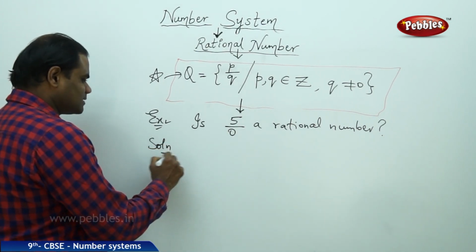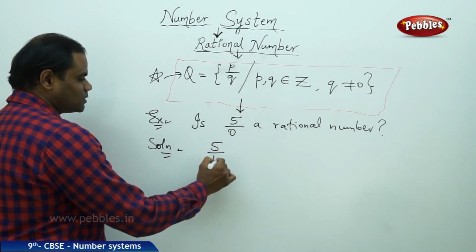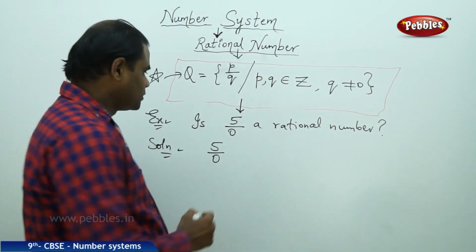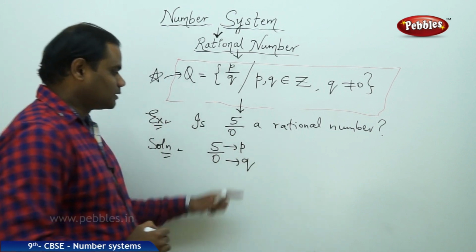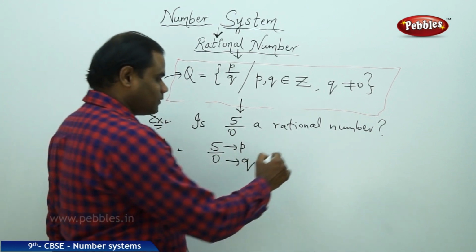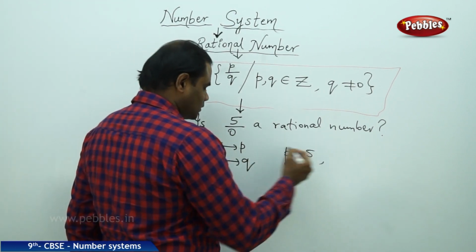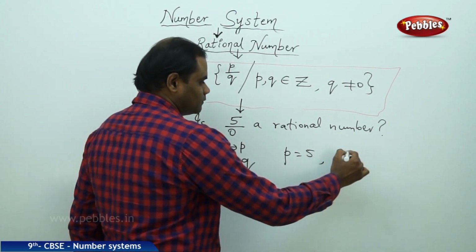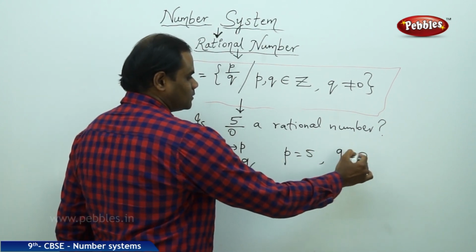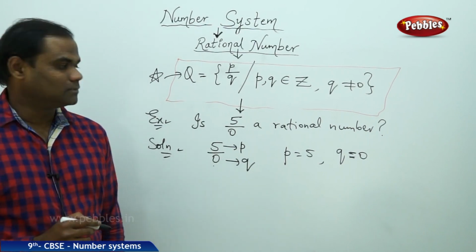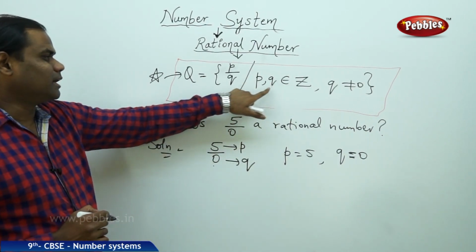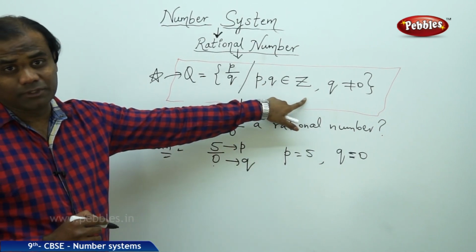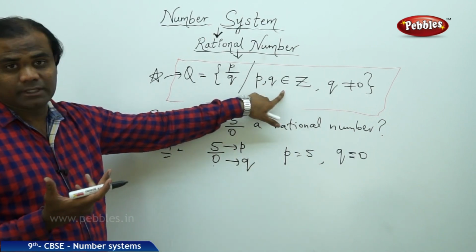Now clearly I see that the number 5 over 0 in the given question should be classified into P and Q, where I identify P being the numerator, which is 5, and Q being the denominator, which is 0. Going through test number 1, I see that P and Q are integers, which is an essential factor in test 1.